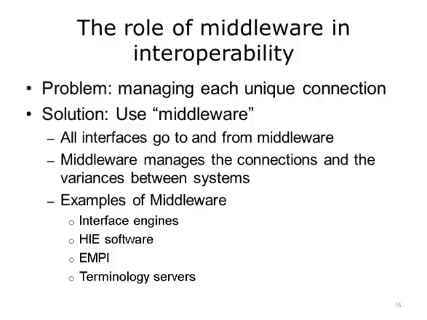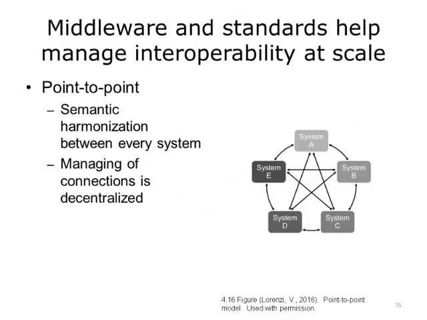Middleware helps manage the differences in the data terminology and the differences in patient identification and provide mappings and linkages so that records can be found across organizations and data can be linked and compared. Middleware helps match patient records across disparate systems. Middleware, in conjunction with standards, is what helps us manage interoperability at scale.